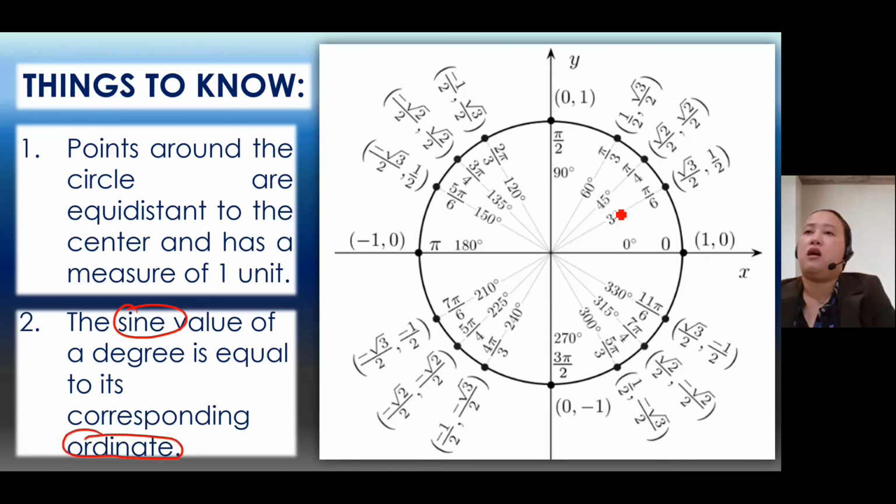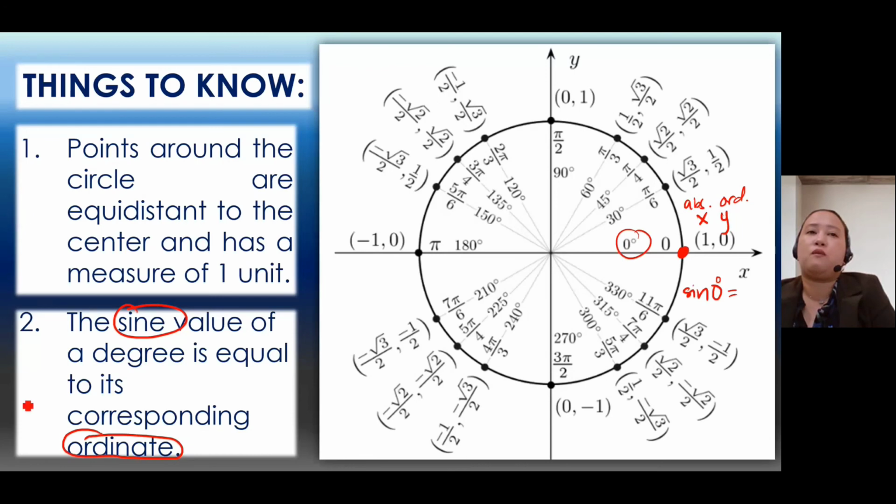For example, say at this point, okay? So if we have sine, you copy the angle, so sine of 0. Since we have here the point with the coordinates x and y, remember that x is the abscissa and y is the ordinate.